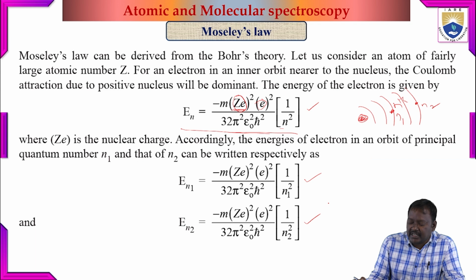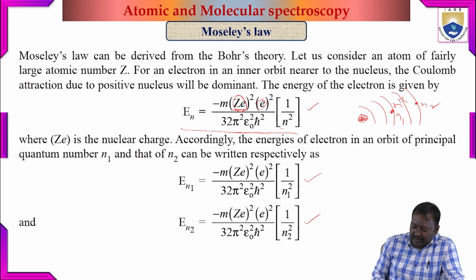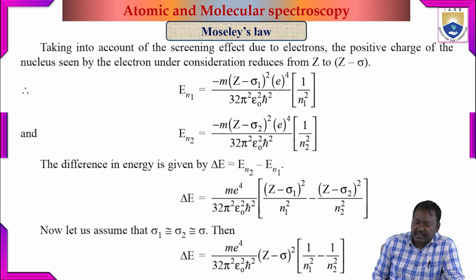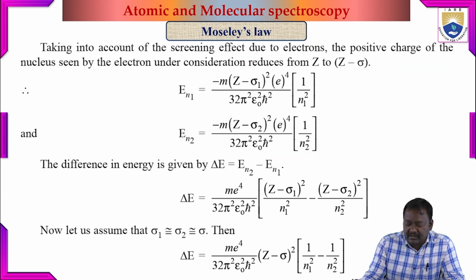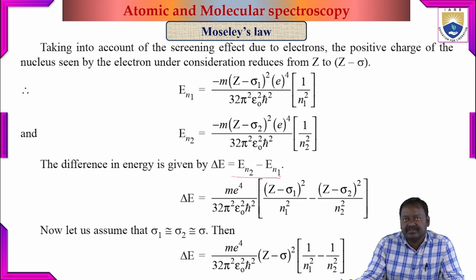So the energy difference between these two orbits, if the electron from n2 orbit is jumping to the orbit n1, then the energy released as an X-ray photon can be calculated by taking the difference between the two energy values, that means En2 minus En1.